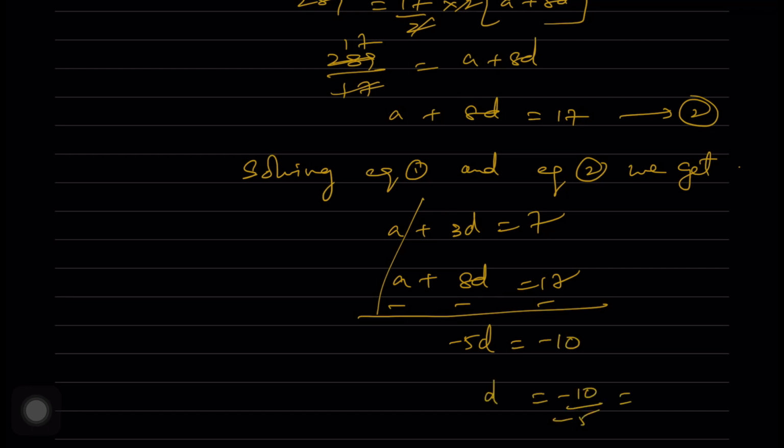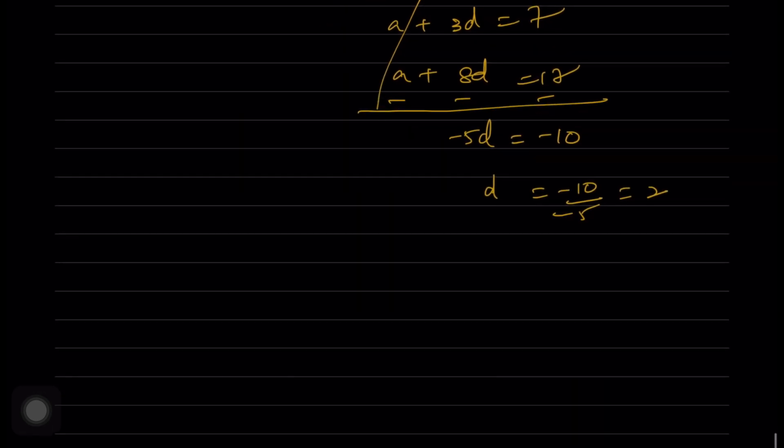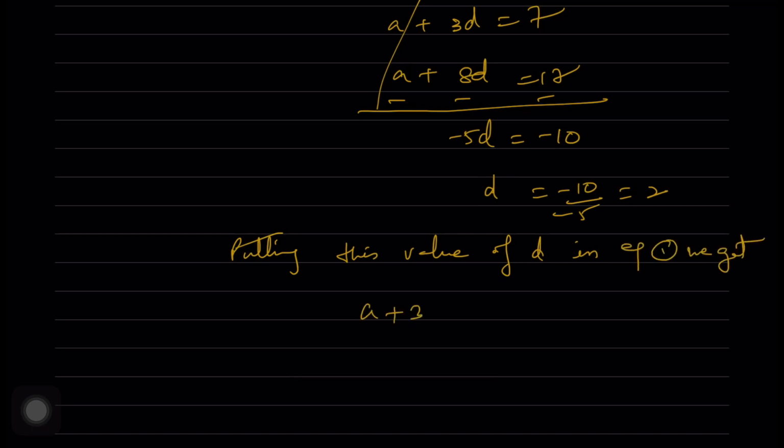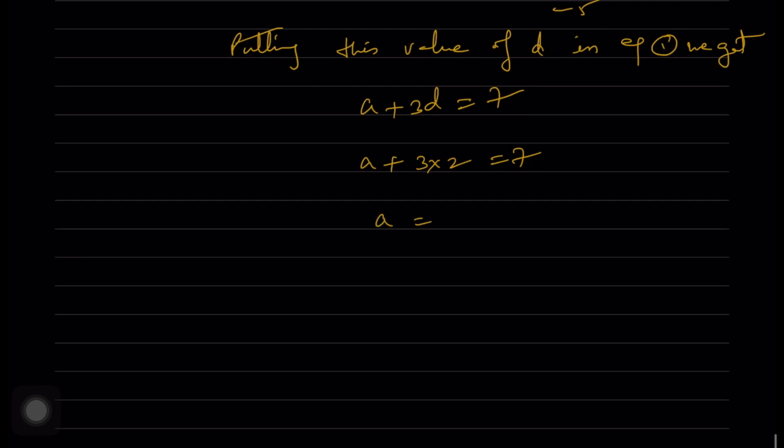So d is equal to minus 10 by minus 5, which is equal to 2. Now putting this value of d in equation 1, we know that a plus 3d is equal to 7. So a plus 3 into 2 is equal to 7. Therefore a is equal to 7 minus 6, which is equal to 1. So here you got that a is 1 and d is 2.